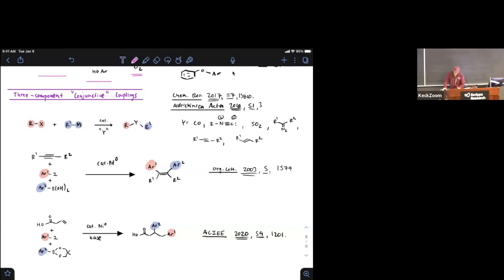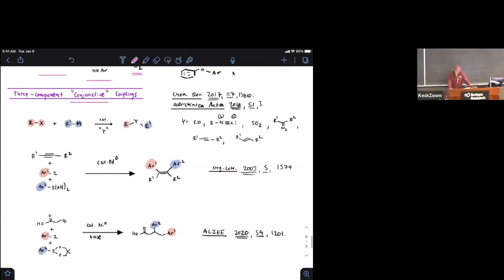I just draw your attention to chemistry in which the logic of cross-coupling is essentially superimposed into three-component variants. And this is not textbook stuff by any means, but I put it here in case it's helpful for you in reading the modern literature. I call these conjunctive cross-couplings, where they unite the typical components of a cross-coupling across a third reaction component.